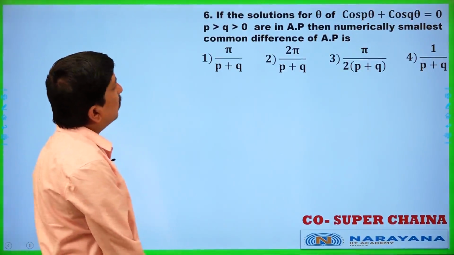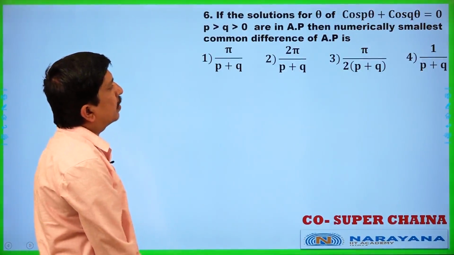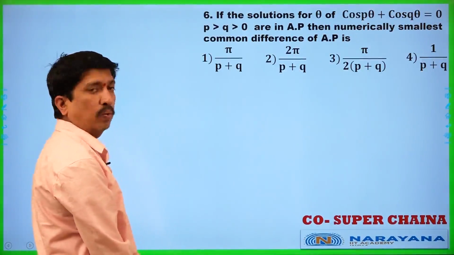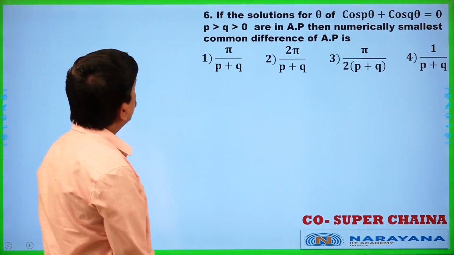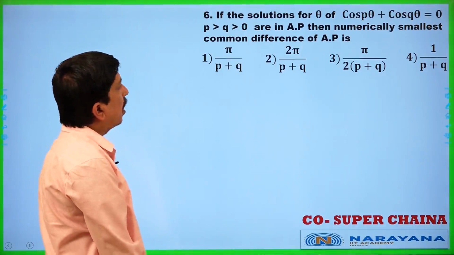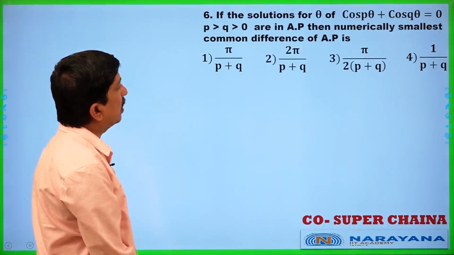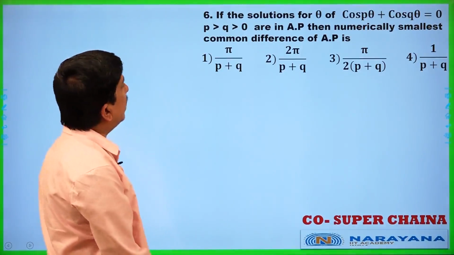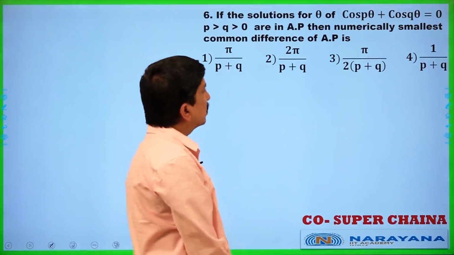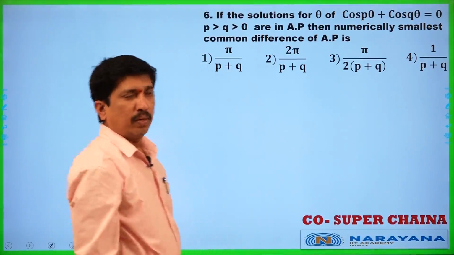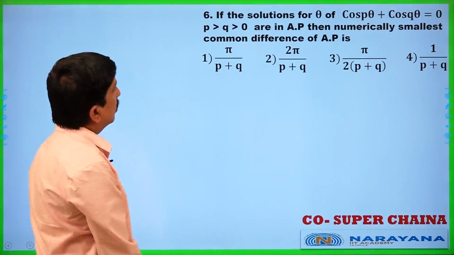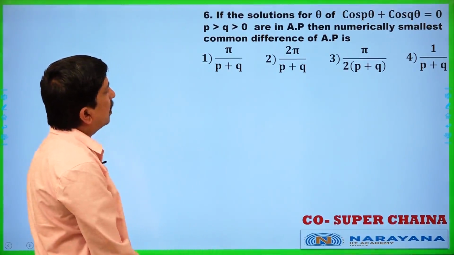If the solutions of theta of cos p theta + cos q theta = 0, with p greater than q greater than 0, are in AP, then the numerically smallest common difference of the AP is what?